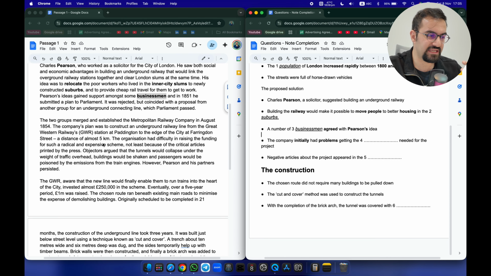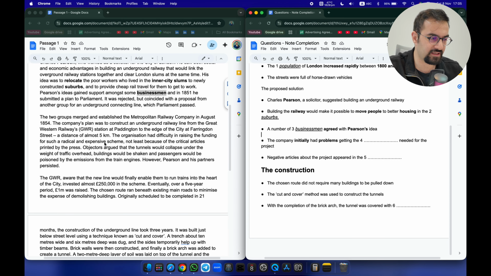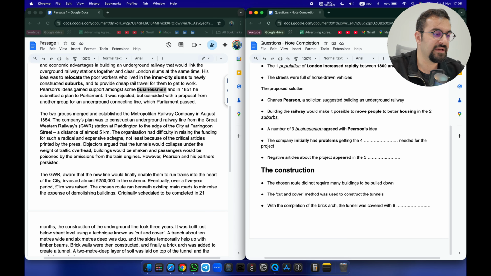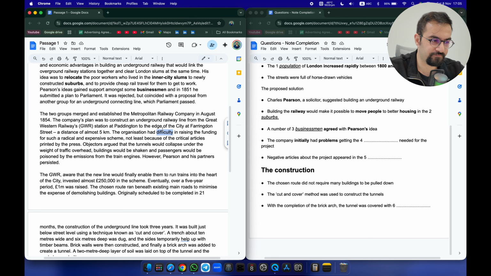Again, I keep reading because I haven't read anything about what the company needed at the beginning but couldn't get. The organization had difficulty in raising the funding for such a radical and expensive scheme, not least because of the critical articles printed by the press.